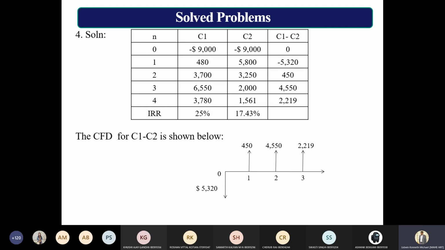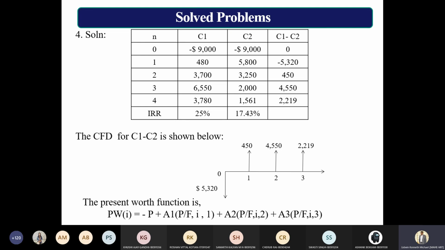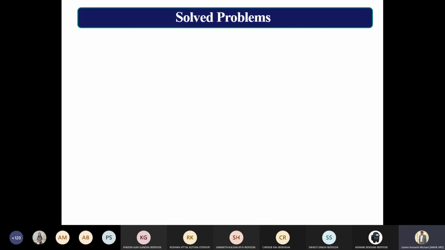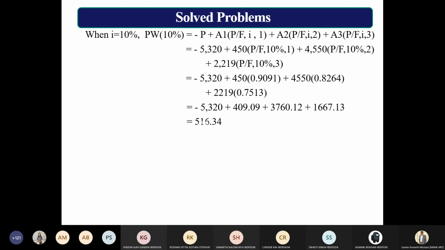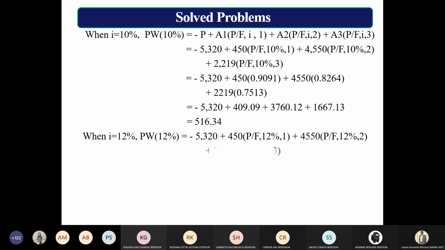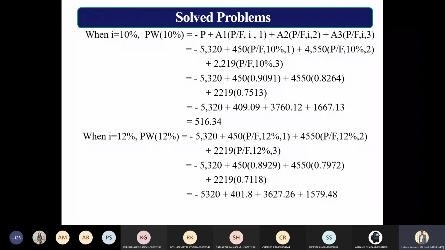In fact, it is considered for 10%, starting with 10%, which is wrong. It should be with 12% initially, but the first part is wrong because it was just done like that. So you have to start with 12% because MARR is given as 12%. If the MARR is given as 10%, then this would have been right. So for 12%, what we get over here is again positive, right? It is 288.54.